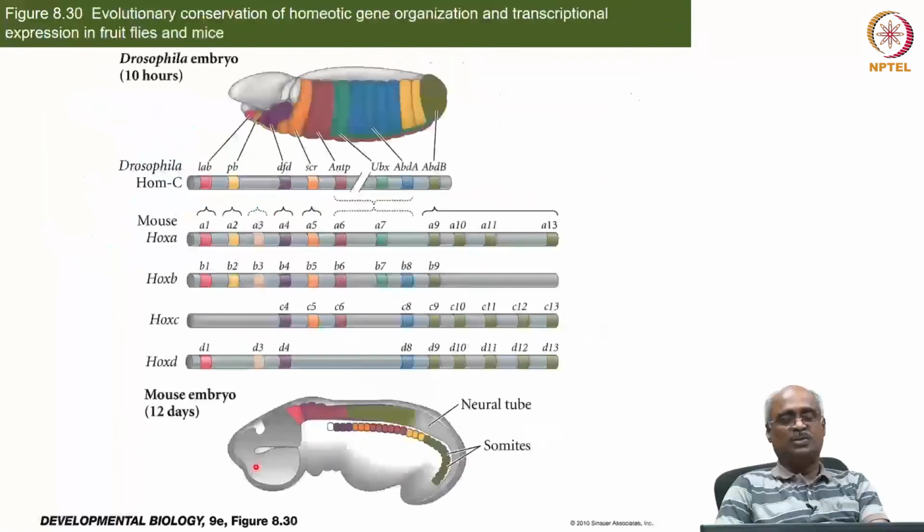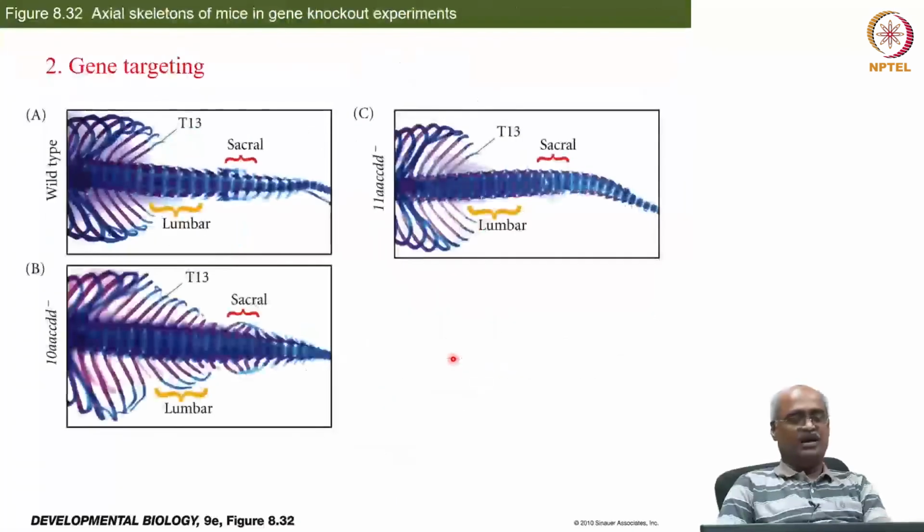To highlight this further, here you have A, B, C, and if we are talking about 10, you have A10, and we are diploid, mouse is also diploid, so you will have A10, 2 of them, 2 of this, 2 of this. So when you delete all of them, that is what this is.